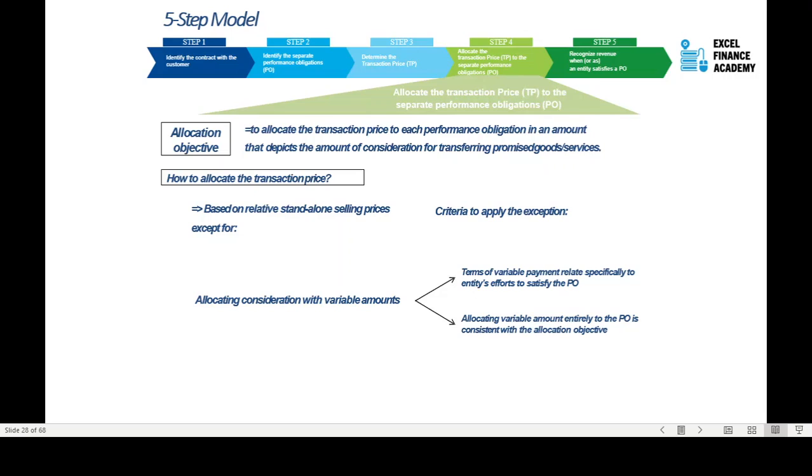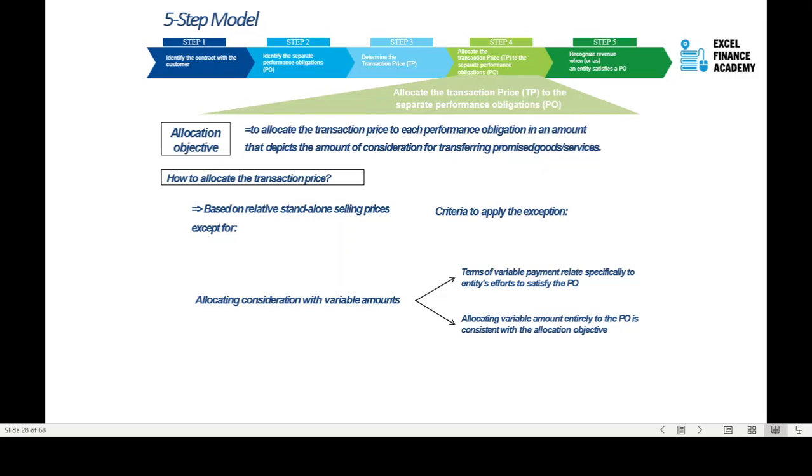The second criterion is allocating the consideration of variable amounts. As we have seen in the past example, the variable term has been specifically mentioned in the contract. If there are variable payments which relate specifically to the entity's effort to satisfy the performance obligation, then we allocate the variable amount entirely to that performance obligation, consistent with the allocation objective.